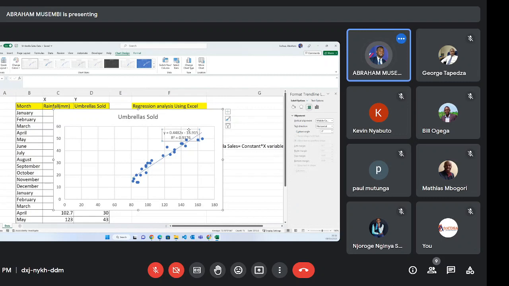The r squared is the coefficient of determination, or it shows us the goodness of fit. And you can see the value of our r squared.